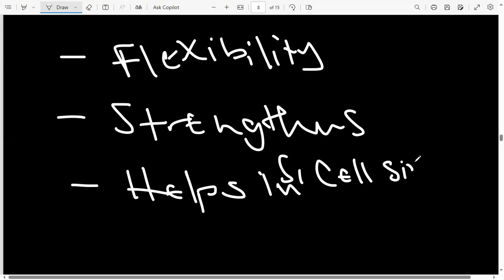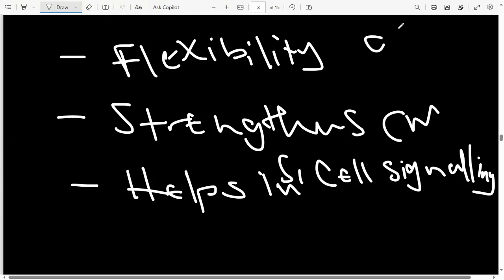So these are three functions of cholesterol in the cell membrane. The first one, it helps in the flexibility of the cell membrane. Two, it strengthens the cell membrane. And three, it helps in cell signaling.